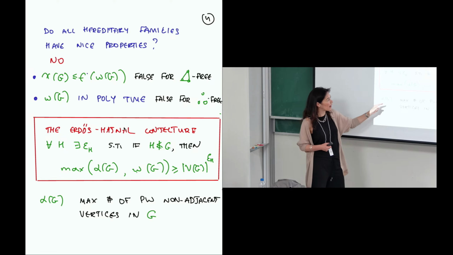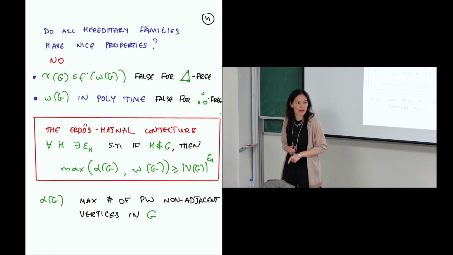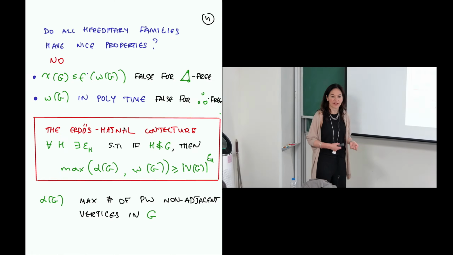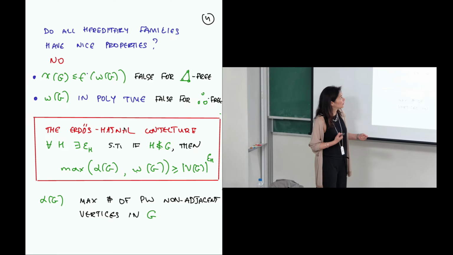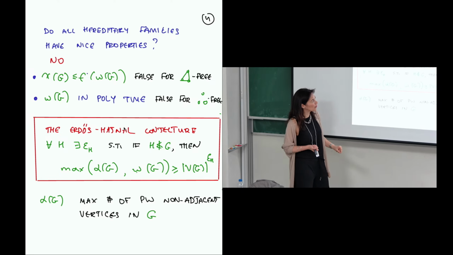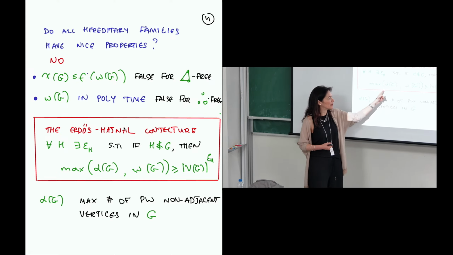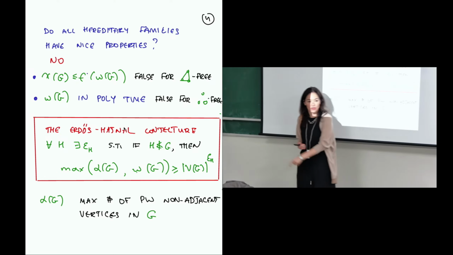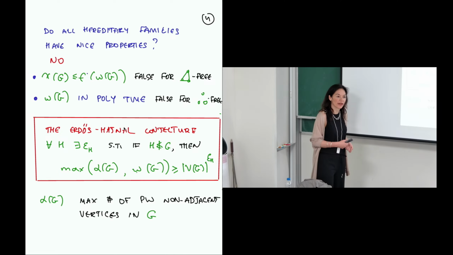Well, you suddenly get either a clique or a stable set which is much larger than you would in a random graph where nothing is forbidden. The conjecture is that for every H, there's an epsilon, so that if you don't contain H as an induced subgraph, then either the clique number or the stability number is at least the number of vertices to the power epsilon, where epsilon depends on H. And in the random graph, it's log n.